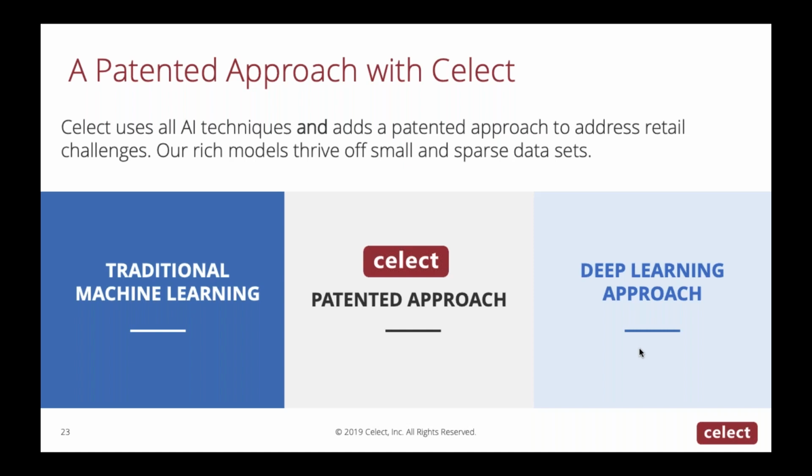So the result of having this approach and a patented concept we call choice modeling, where we're actually looking at the context of what was in inventory in given locations when transactions occurred and understanding the implications around consumer choice and preference.